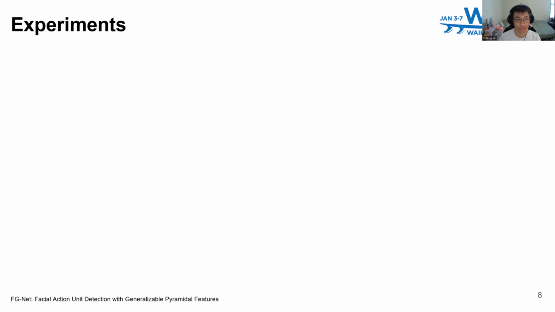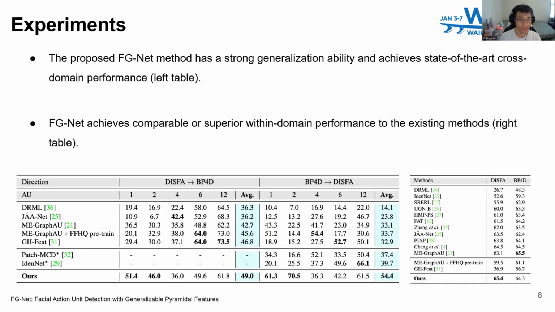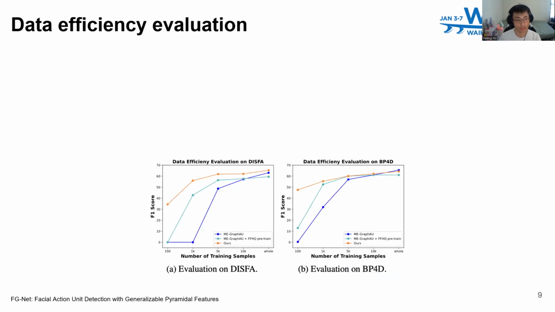Here we show the experimental results. The proposed FGNet method has a strong generalization ability and achieves state-of-the-art cross-domain performance. On the other hand, FGNet also achieves comparable or superior within-domain performance to the existing methods. In addition, we also perform data efficiency evaluation.